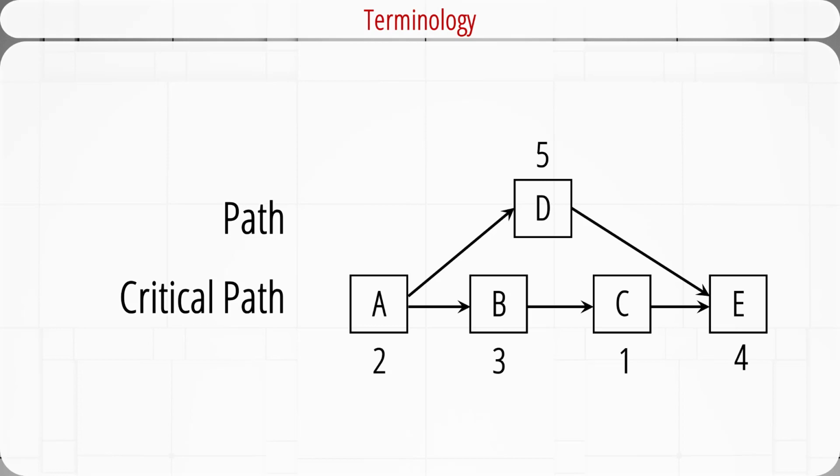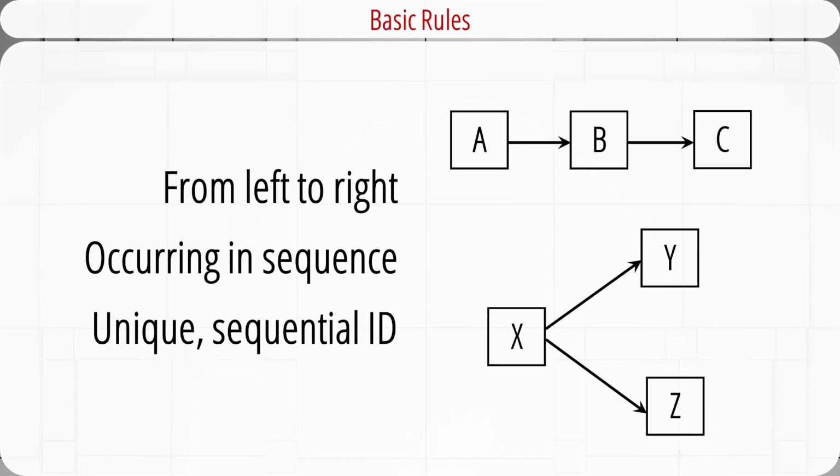It's 10 days. The total length of ADE is 2 plus 5 plus 4. It's 11 days. Therefore, the critical path is ADE because it's longer.